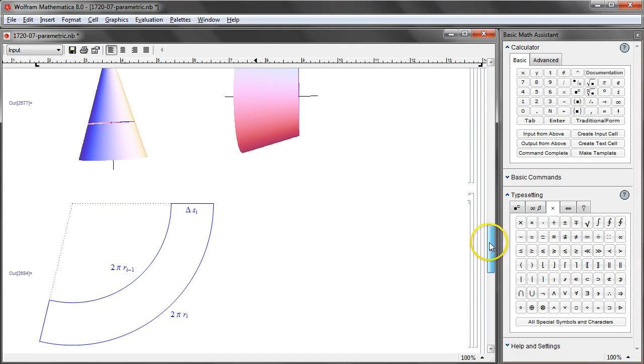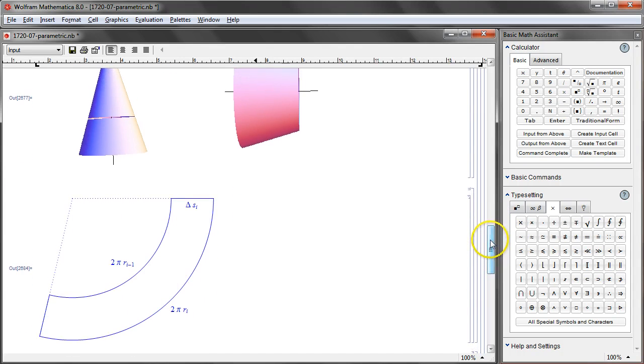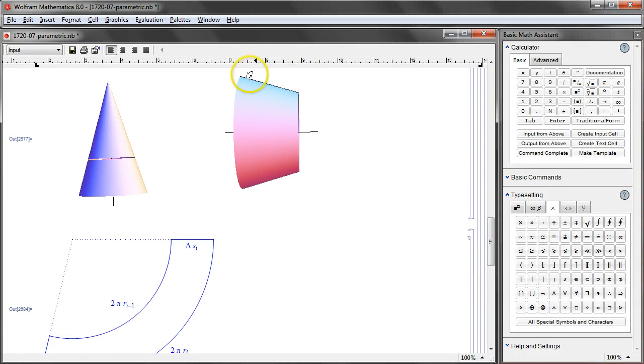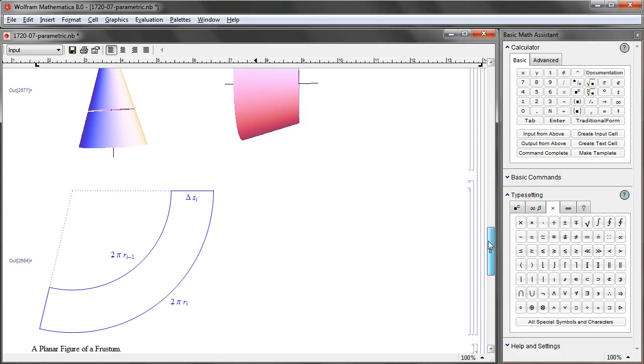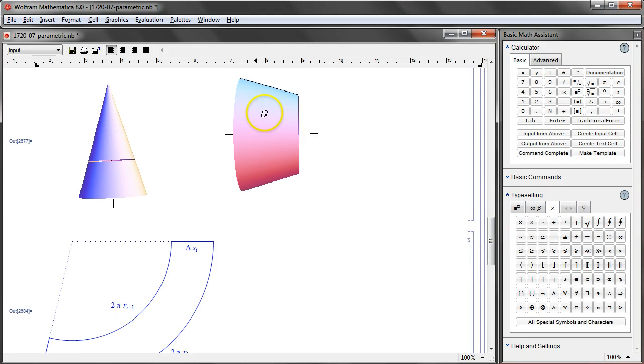And everything is labeled here. Delta Si, that corresponds to the top edge, which originally came from the polygonal line segment or the red line segment we saw before. And then this bottom circle has to match this arc, and the top circle has to match this arc.